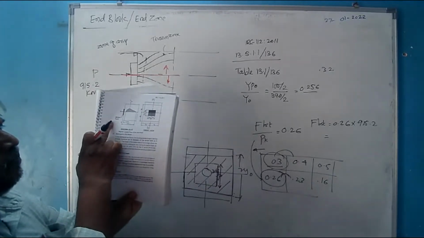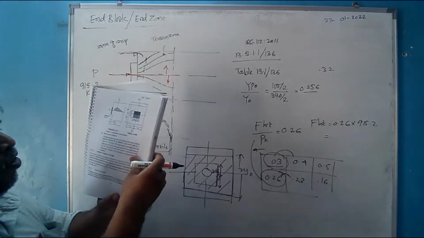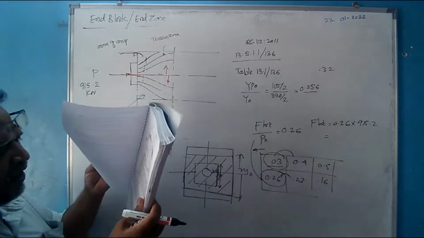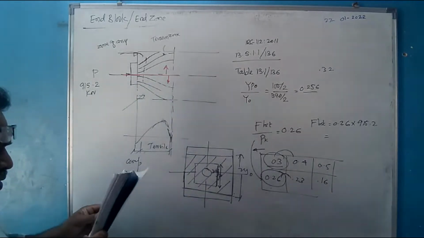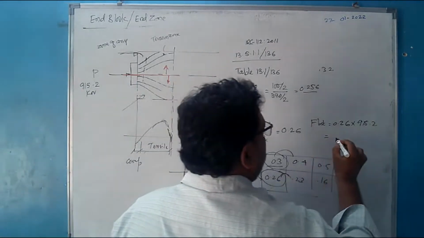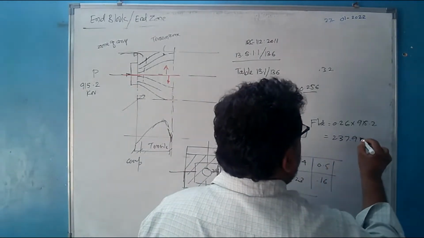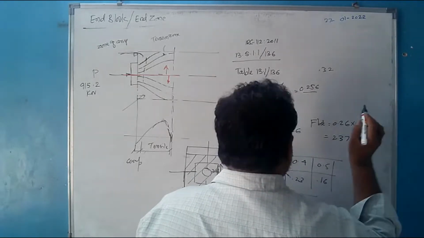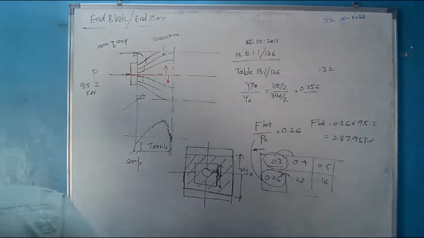Anchor plate or the bearing plate, 2 Y naught, Y naught, all the things are defined here. So what is the bursting force? 237.95 kilonewton. Okay, agreed.